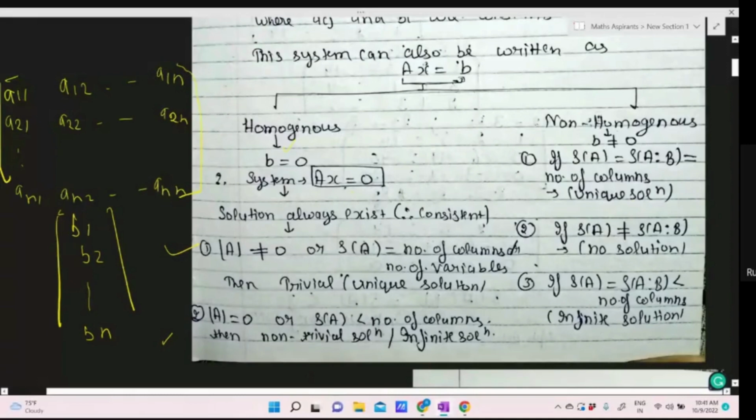Now here three cases arise. One is unique solution, second is no solution, and third is infinitely many solutions. For a unique solution, we have rank of A is equals to rank of A augment B is equals to the number of unknowns.